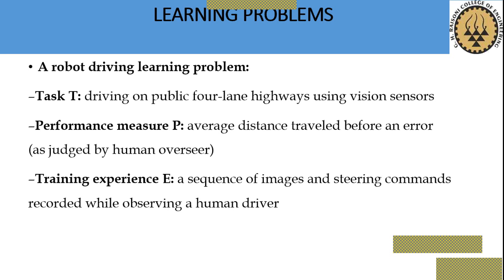You are storing this experience by keeping the sequence of images, collected by the camera situated on the car, and the steering command recorded while observing the human drive. So that steering may be moved left, right. Based on that, we can say the car has a good experience for driving. That is a driverless robot.